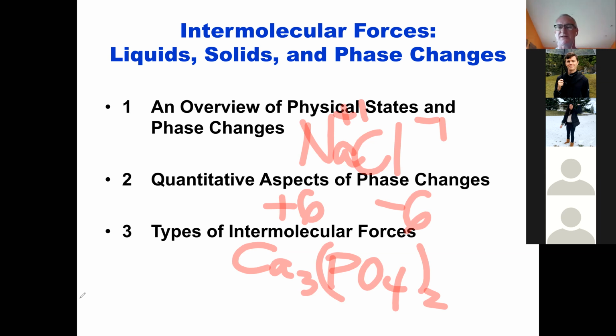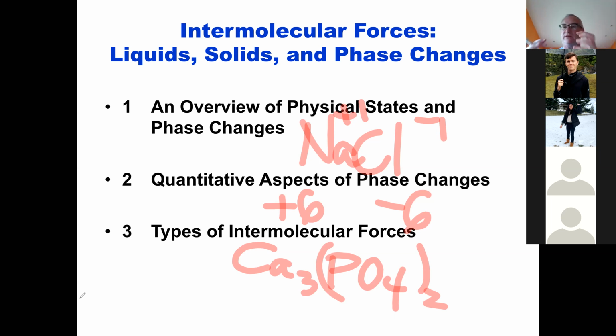And so it just sinks to the bottom. Whereas sodium chloride, with just +1, -1, has enough interaction with water to break that and then replace the strength of that bond with all these ion-dipole interactions. But calcium phosphate, not going to happen.